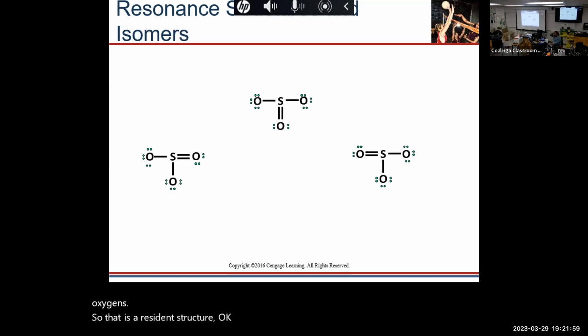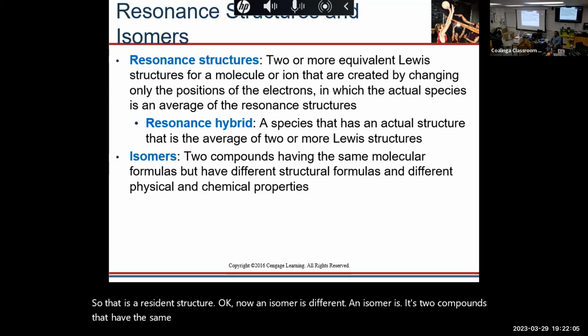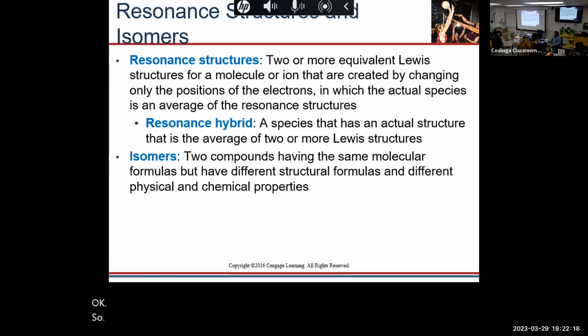Now an isomer is different. An isomer is two compounds that have the same molecular formula but a different shape. Let me give you an example.